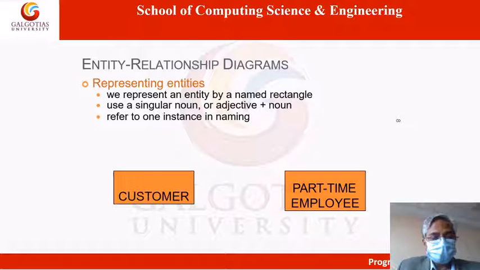That's why it is used as singular. So this is the representation of entities. Entities are represented by a rectangle and the entity name is written in that rectangle. That's why it is called a named rectangle.